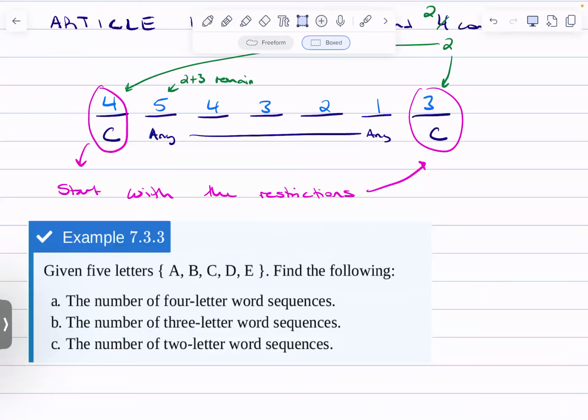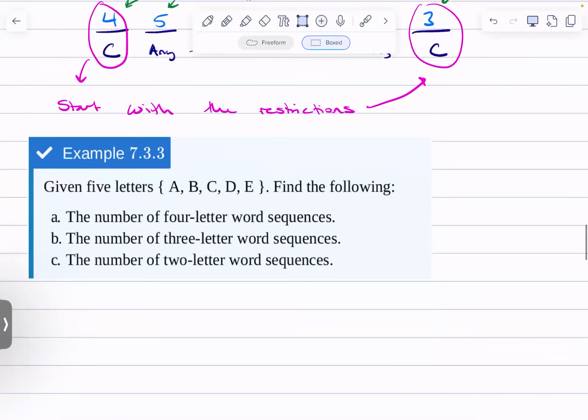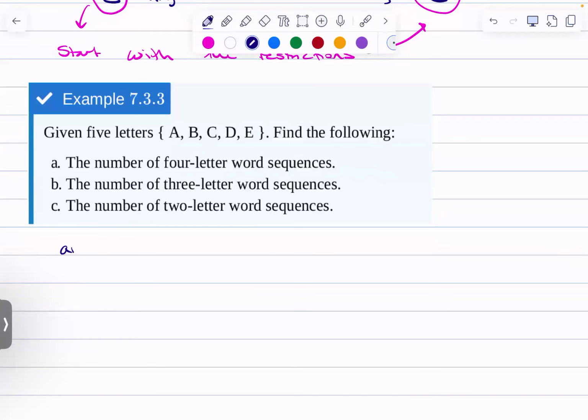We have 5 letters, A, B, C, D, E. Then if we want to find the number of 4-letter word sequences, we can do that. The number of 3-letter word sequences, and then the number of 2-letter word sequences. We can do that, right? And so for A, 1, 2, 3, 4.